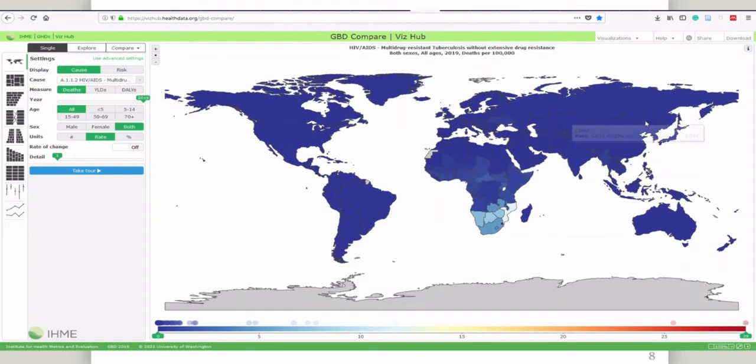And we can see this is what is called a choropleth map, where we can get information when we hover over different countries. We can see, for instance, that the hot focus of this problem is now in southern Africa.